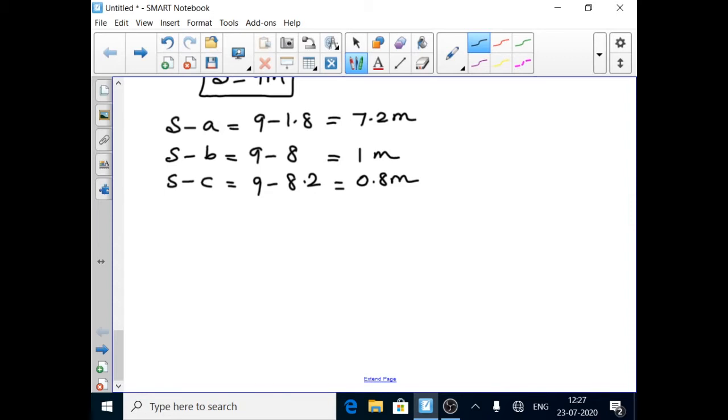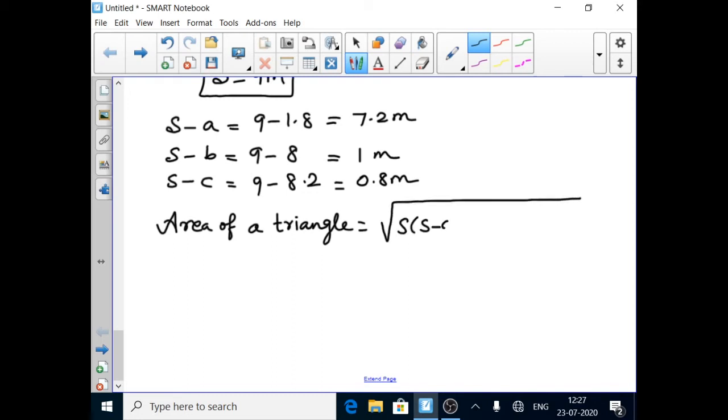So next we want to apply the formula, area of a triangle is equal to, what is the formula? You know that S into S minus A into S minus B into S minus C. Okay, that is equal to, what is our S?